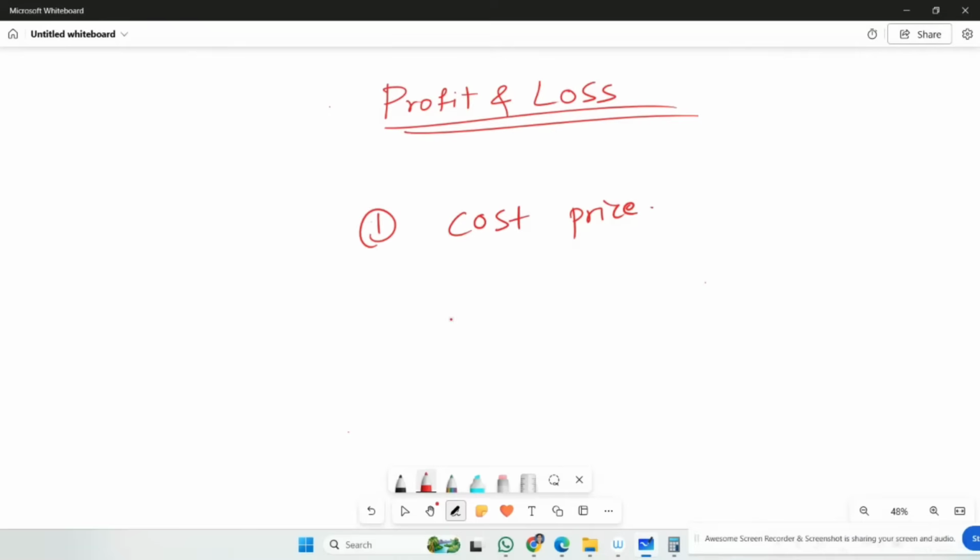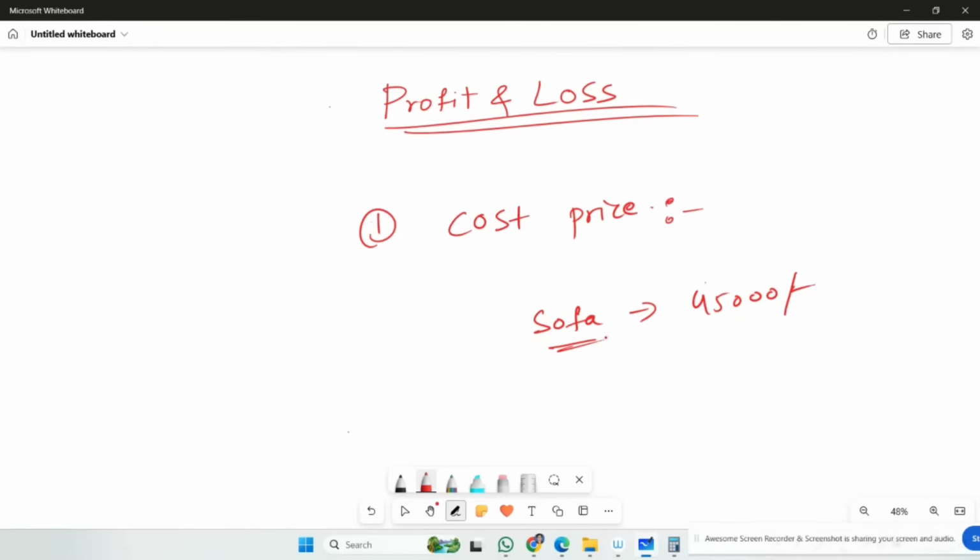Cost price means, suppose a shopkeeper pays for buying certain goods from a wholesaler. Shopkeeper buys a sofa for 45,000. From a wholesale dealer he will buy a sofa, or it could be any item.